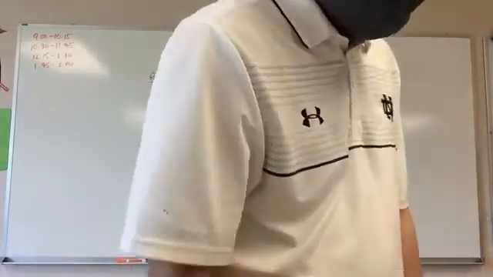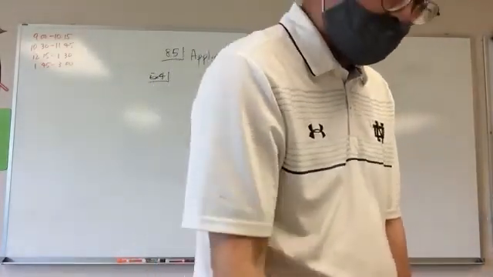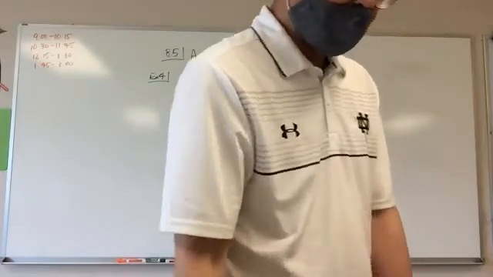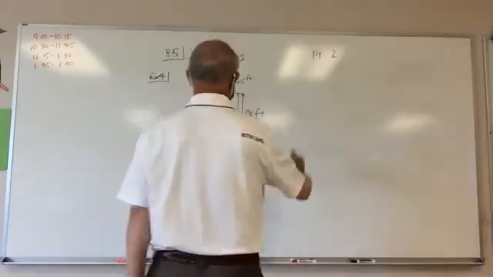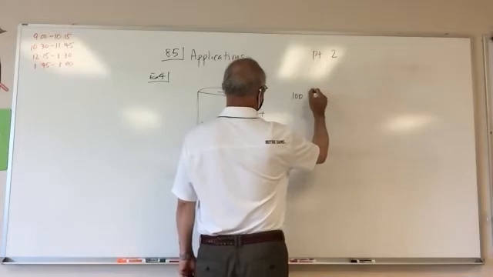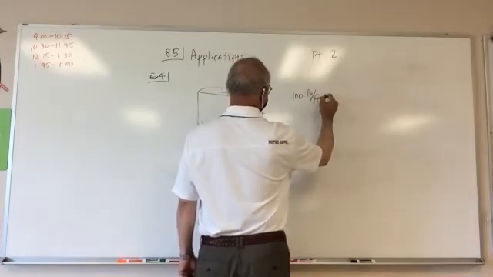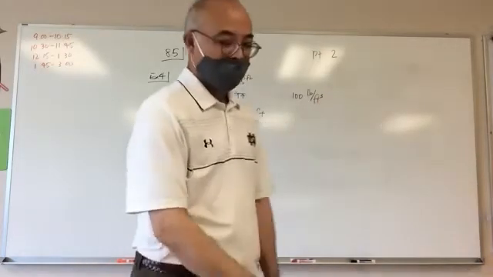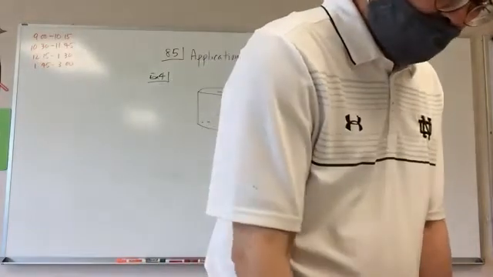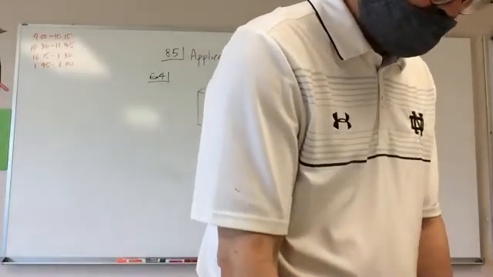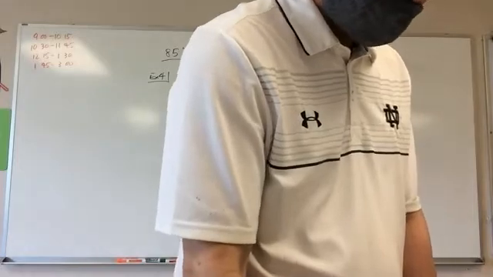A, given that the tank was full of molasses weighing 100 pounds per cubic foot, so this is the weight density, what was the total force exerted by the molasses on the bottom of the tank at the time it ruptured?